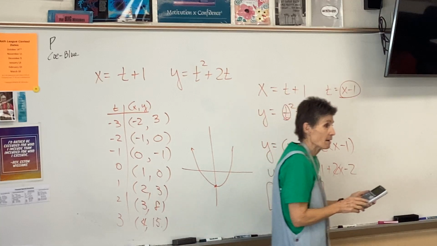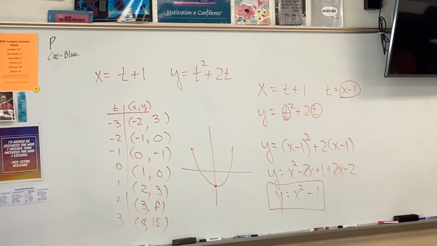Step 1, go to mode. Choose, go down the list. Find PAR, parametric, and highlight it, because you are going to be graphing with parametric equations.